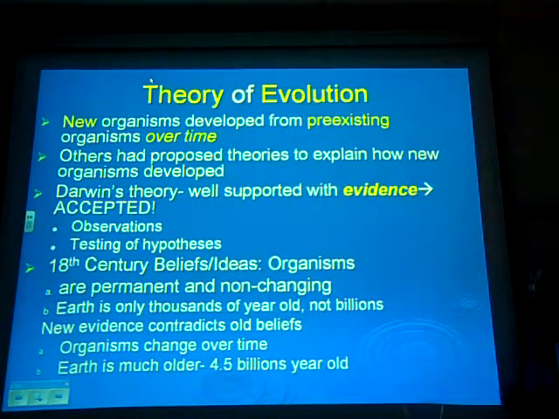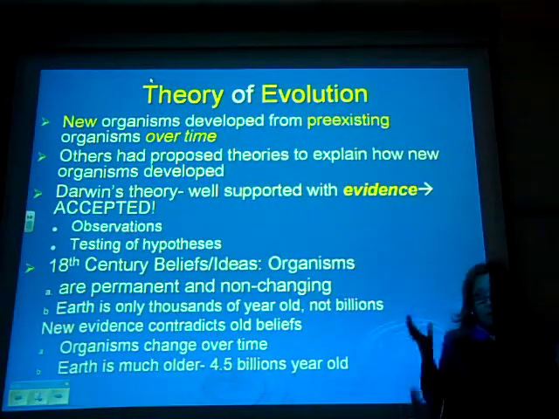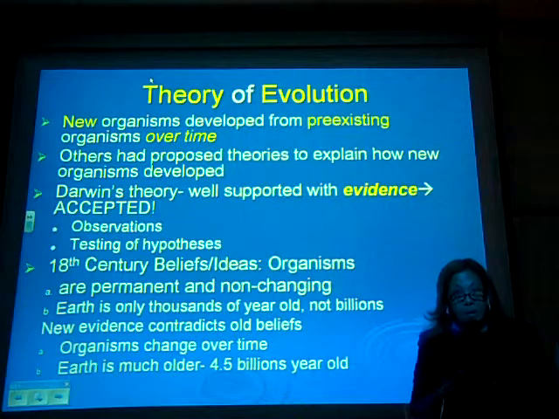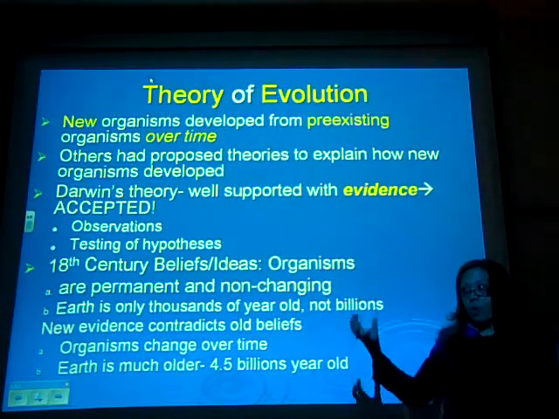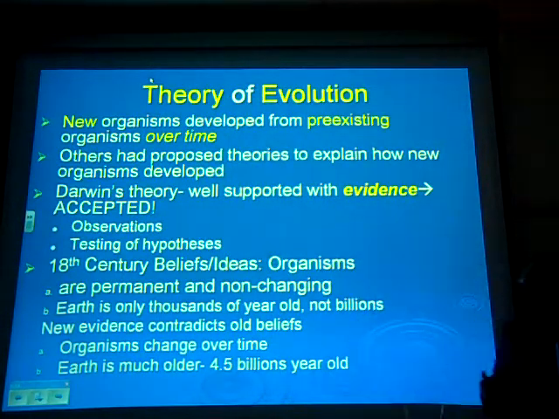These observations made him come to hypotheses and eventually theories that new organisms develop from pre-existing organisms over time. That statement is the powerful statement that really completes our understanding of evolution. But there's much more behind that statement.